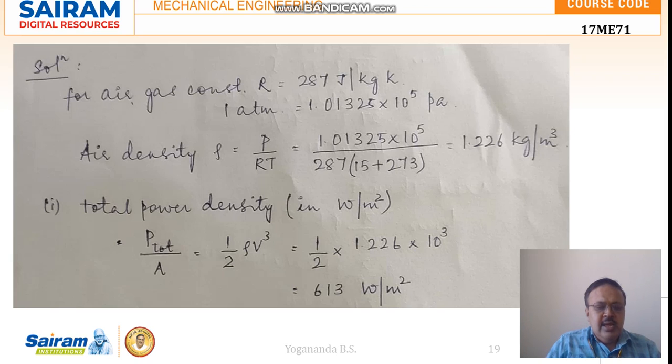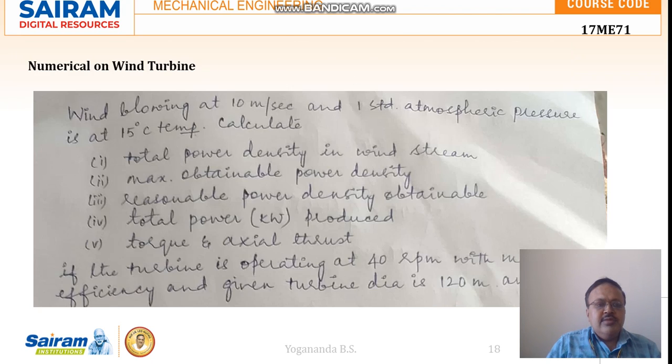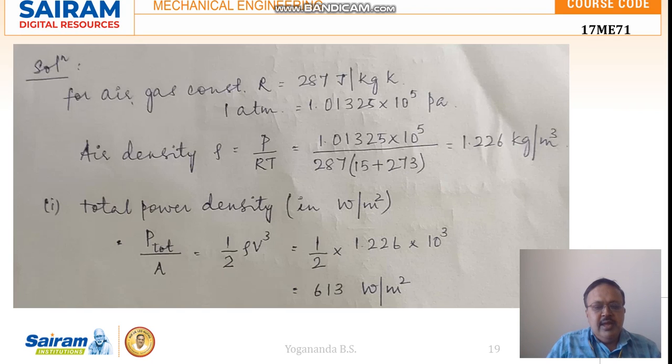So the equation is half of rho V cube. Rho is the air density 1.226, and V is the velocity 10 meters per second, so it is 10 cube. We get 613 watts per meter square.